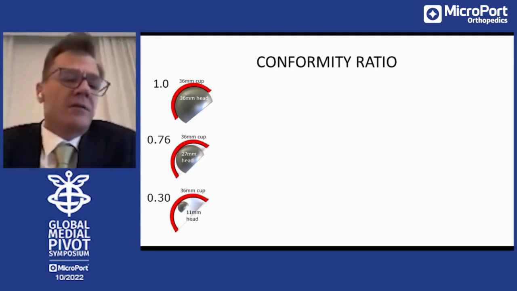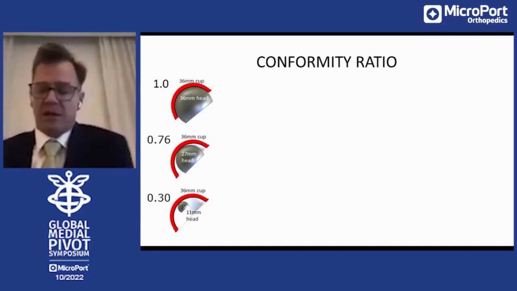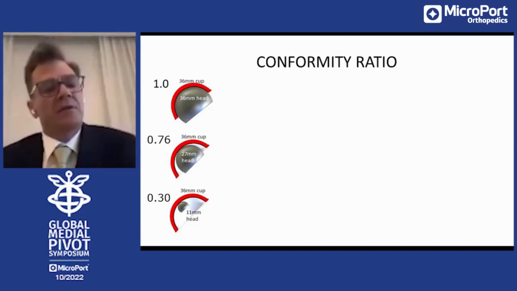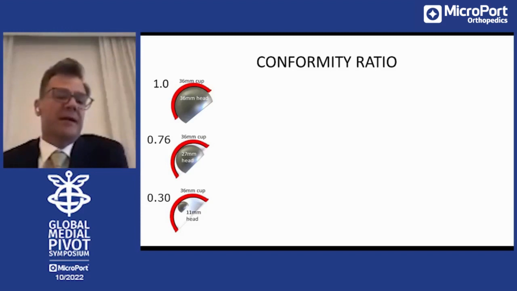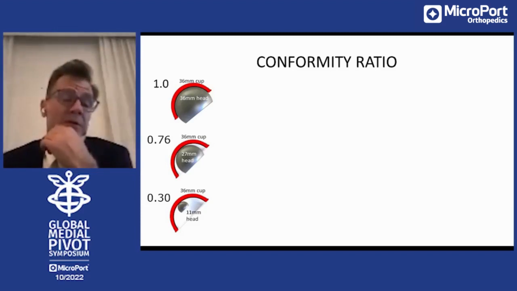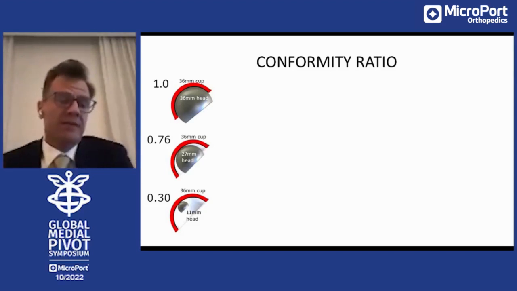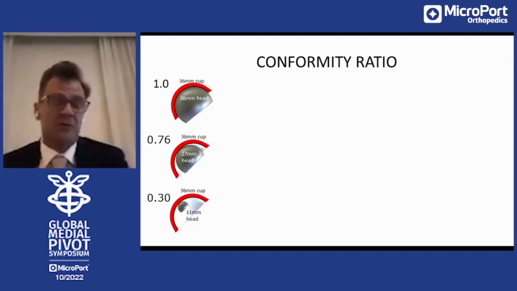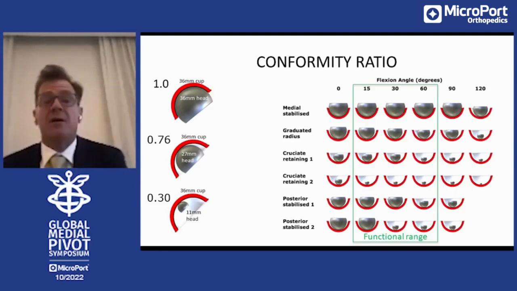A conformity ratio of 0.76, which is present in many designs, would be the equivalent of putting a 27 millimeter head in a 36 millimeter cup. You can imagine in a hip, if you put a 27 head in a 36 cup, it wouldn't feel stable. Well, the same thing happens in a knee. If you don't have a conformity ratio of 1, the knee feels unstable. And of course, the conformity ratios get down much lower.